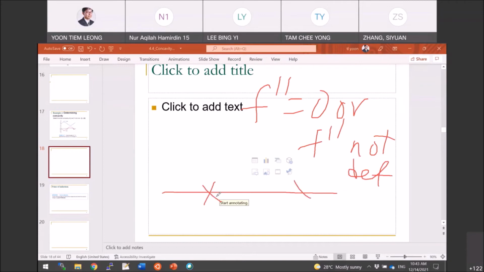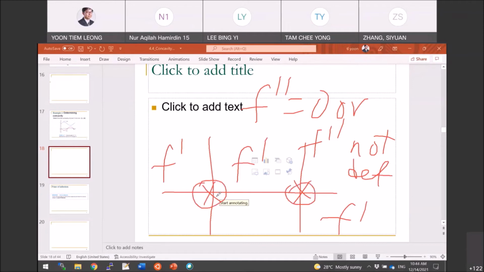These are the critical points where potentially f prime in the regions next to the critical point could change sign. So this is for f prime. We have a critical point that separates the region of a function into regions where the sign of f prime could change.